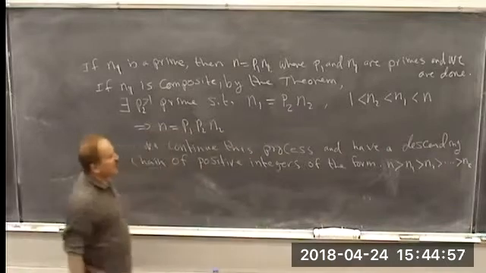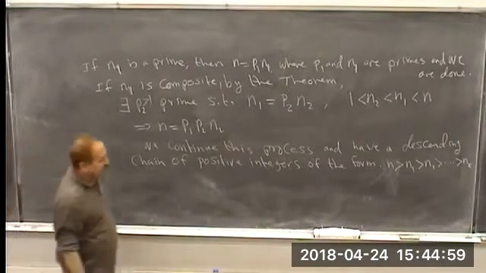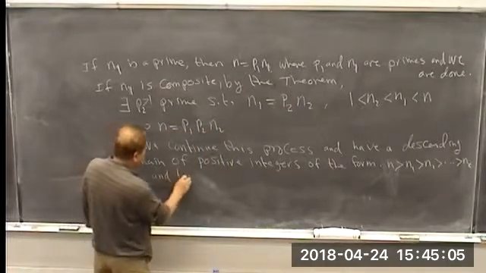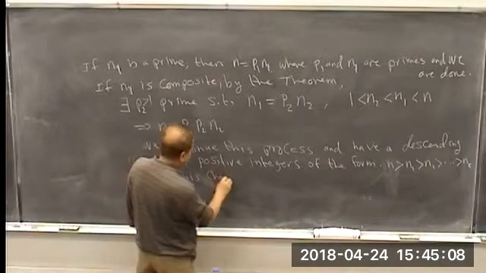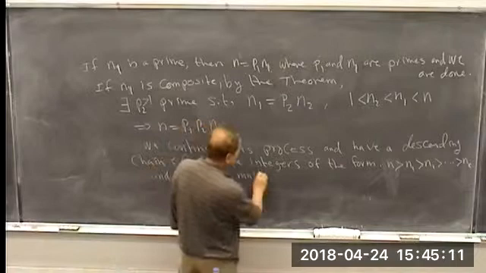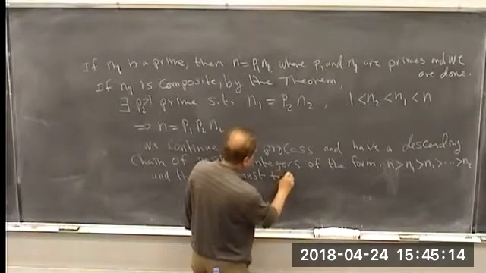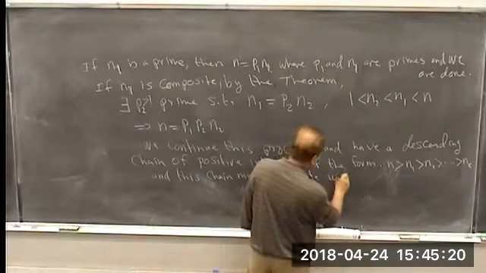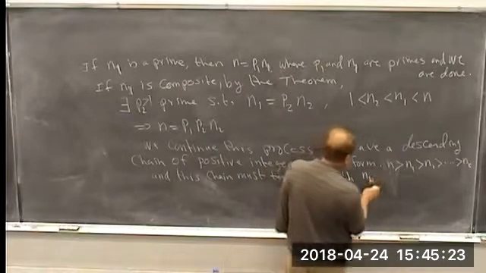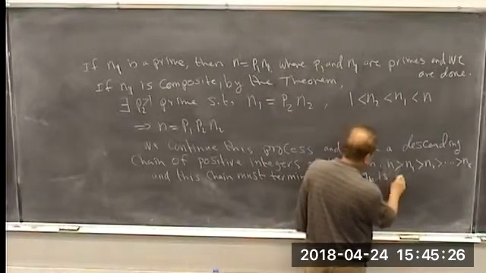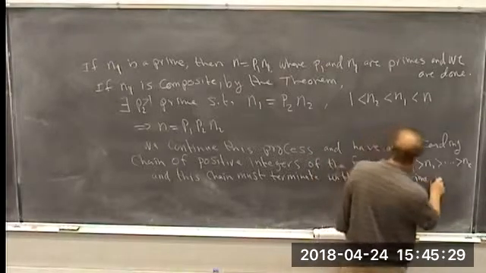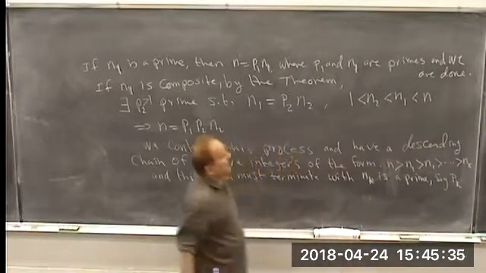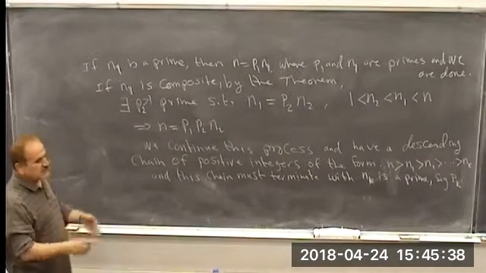All right, I claim that this chain must terminate with nk a prime, because it's decreasing, okay?